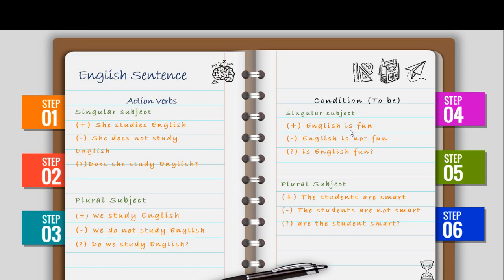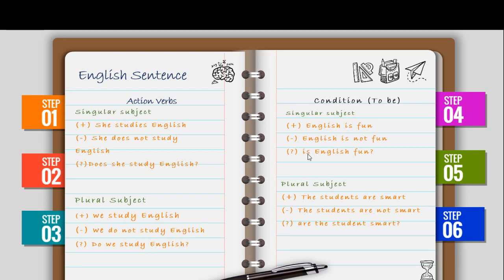You will not find an action here because it's a condition. So you need to use is or are or was or something like that. And English is a singular subject, a single entity, something that is singular. So you need to put is here.